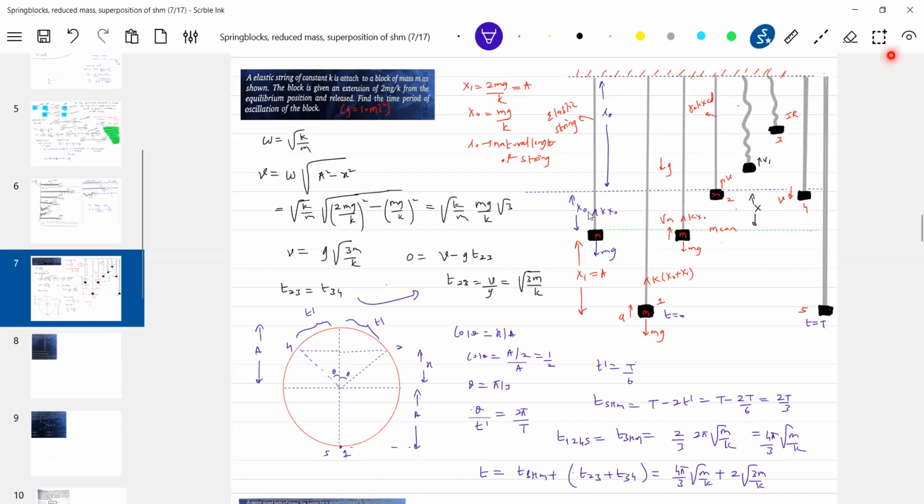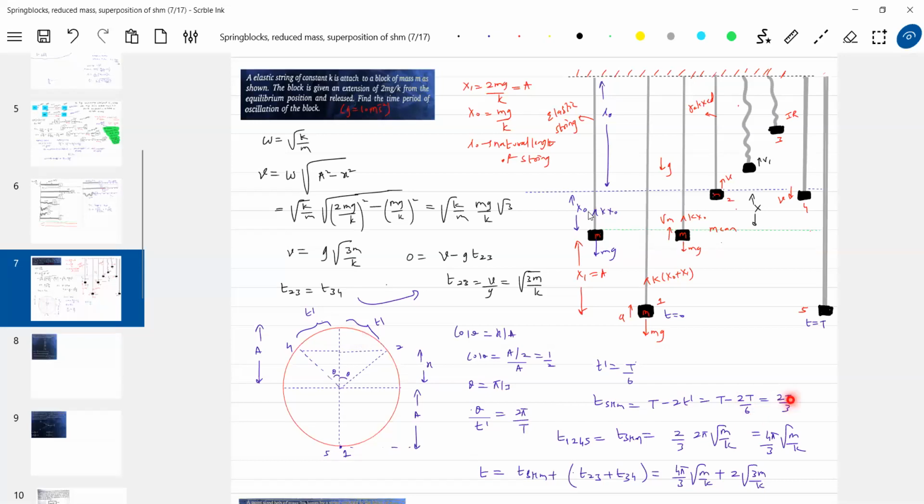In the total time period, I should subtract what is not SHM. So I got the angular displacement theta. So theta by T dash equals 2 pi by T. So the time period for SHM should be: in the total time period, T dash is T by 6, and 2T dash has to be subtracted. Solving this, we get this one here.